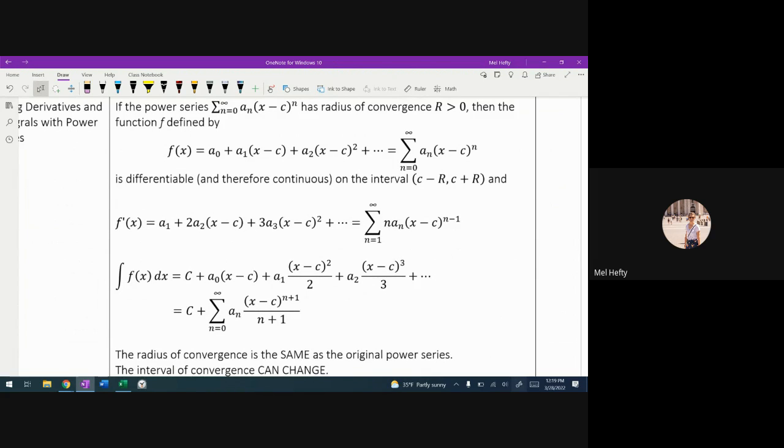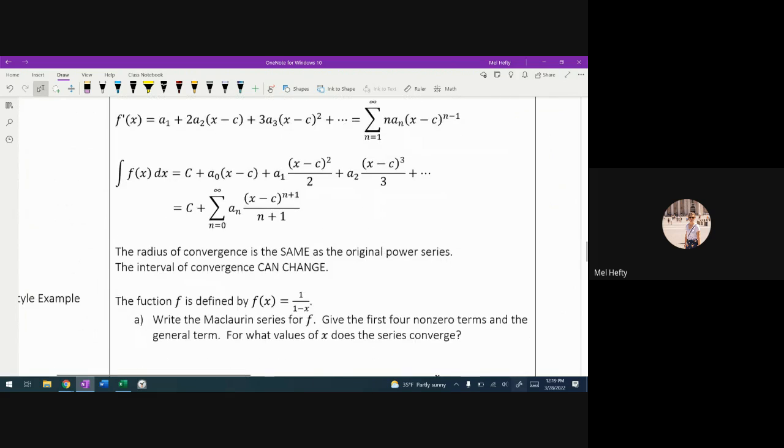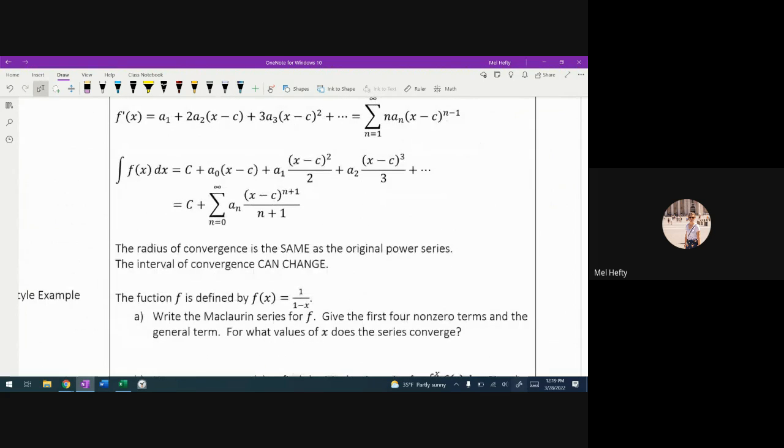The radius of convergence will stay the same. The interval of convergence can change. So what you would do in that case is just recheck your endpoints. We may see this on a free response as we practice. I may bring this back on the 10.1 day and do this as an isolated question, but you guys know how to find interval of convergence already. So this is just a very special case that we're not going to worry about.